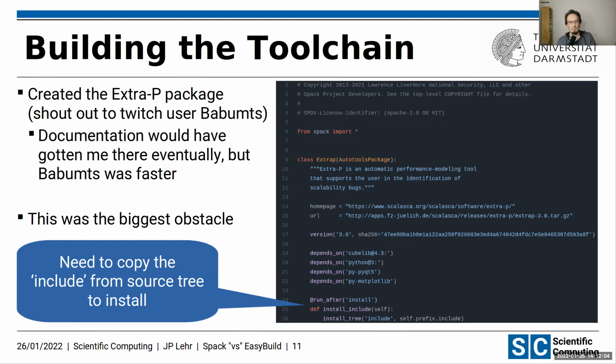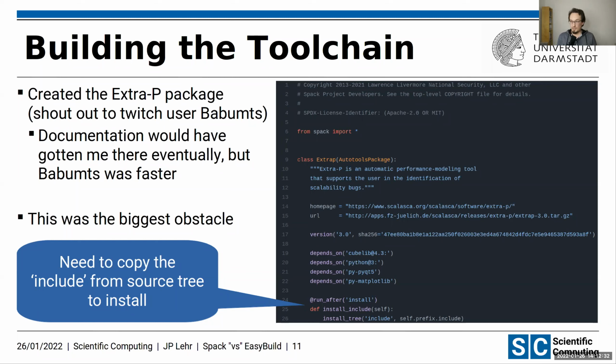So here we need to copy the include from the source tree to the install tree in order to make sure that we could actually compile MetaCG with the specific installation. So this is one actual addition that you need to do to the general AutoTools toolchain command that's run by Spec in order to make that work.